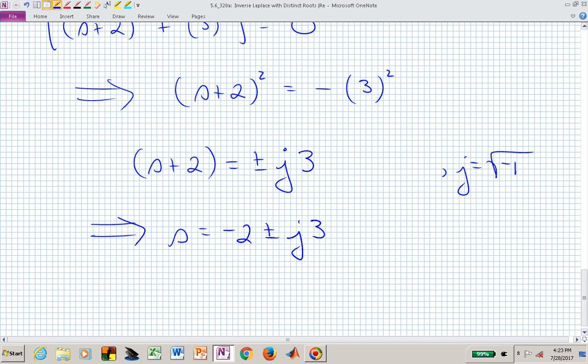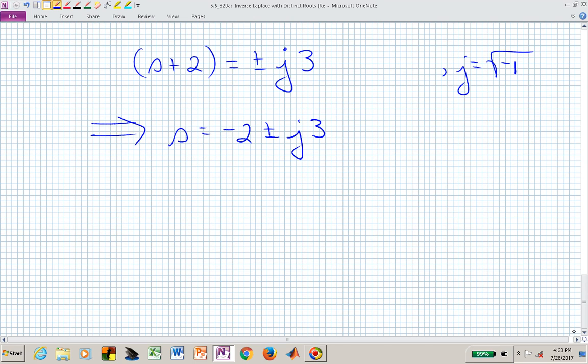We now have 2 more roots of our denominator. We have s sub 2 is minus 2 plus j3, or a root in the second quadrant of our complex s-plane. And we have a third root, which we'll denote s sub 3, and that's at minus 2 minus j3, which is in the third quadrant.